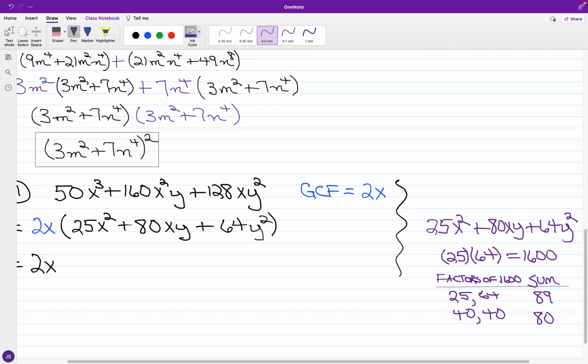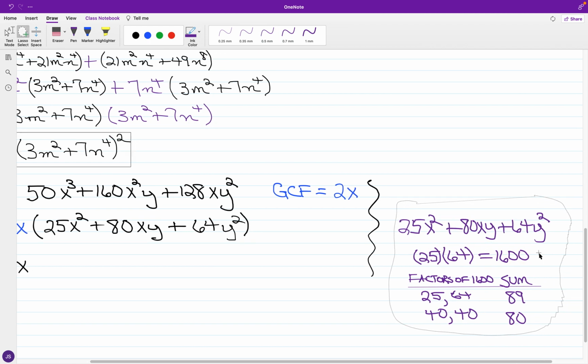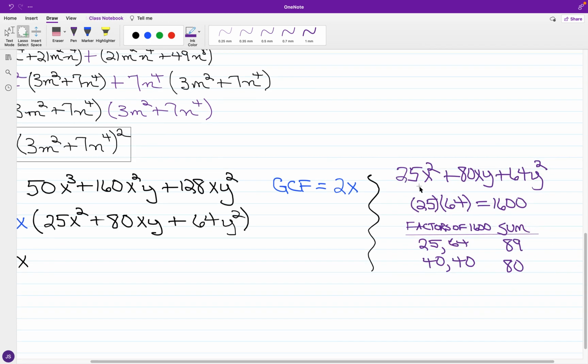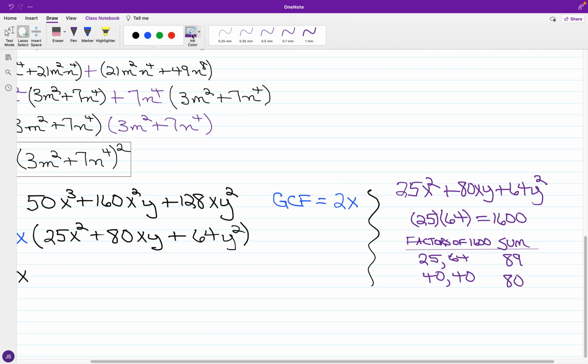All right, so looking at this trinomial, I can set up the factoring by grouping process.